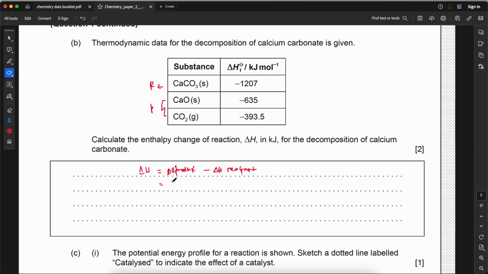So that would be negative 635 plus negative 393.5, which is CO2, and minus the reactant. You will get plus 179 kilojoule per mole.